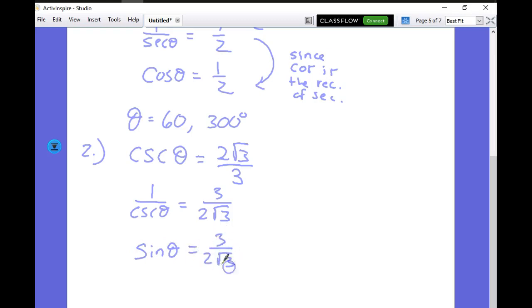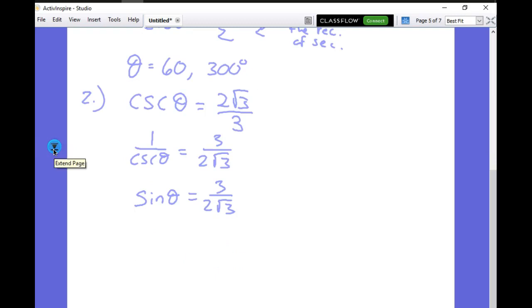Now, before I go any further, there is something else I need to do here. What else? You guys see it? We don't like radicals on the bottom. So let's rationalize. A little bit of extra work on this one. The top becomes 3 radical 3. The bottom becomes 2 times what? 3.